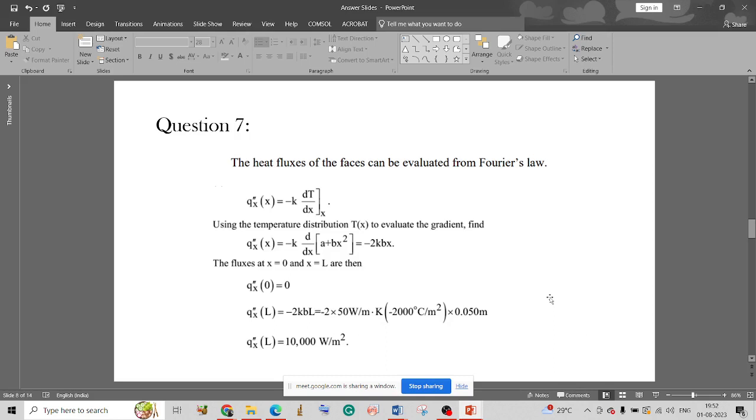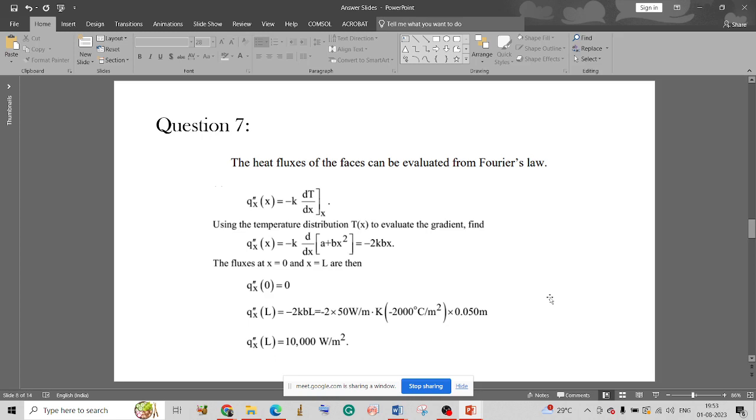Okay. So the heat fluxes for the faces can be evaluated from Fourier's law. By Fourier's law, we already know that qx double dash at x is equal to minus k dT/dx. So using the temperature distribution T(x) to evaluate the gradient, T(x) is already given, that is a plus bx square.